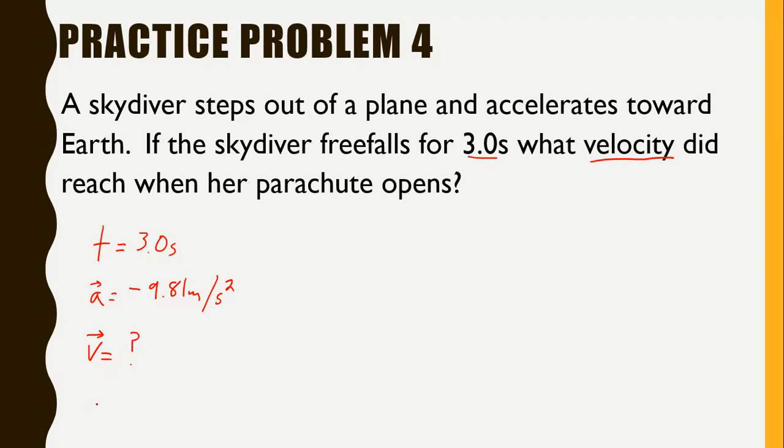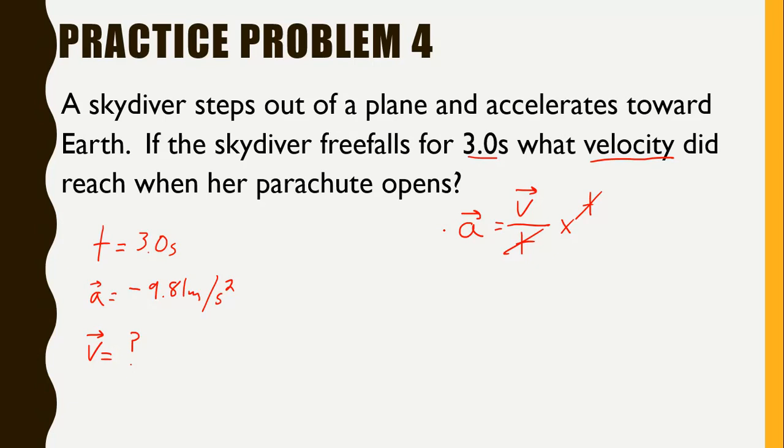So my formula with acceleration, velocity, and time: my base formula is acceleration is equal to velocity divided by time. I need to isolate this, so I'm going to find velocity. What do I need to do to this equation to isolate v? I need to multiply by t. That's going to cross off t on this side.